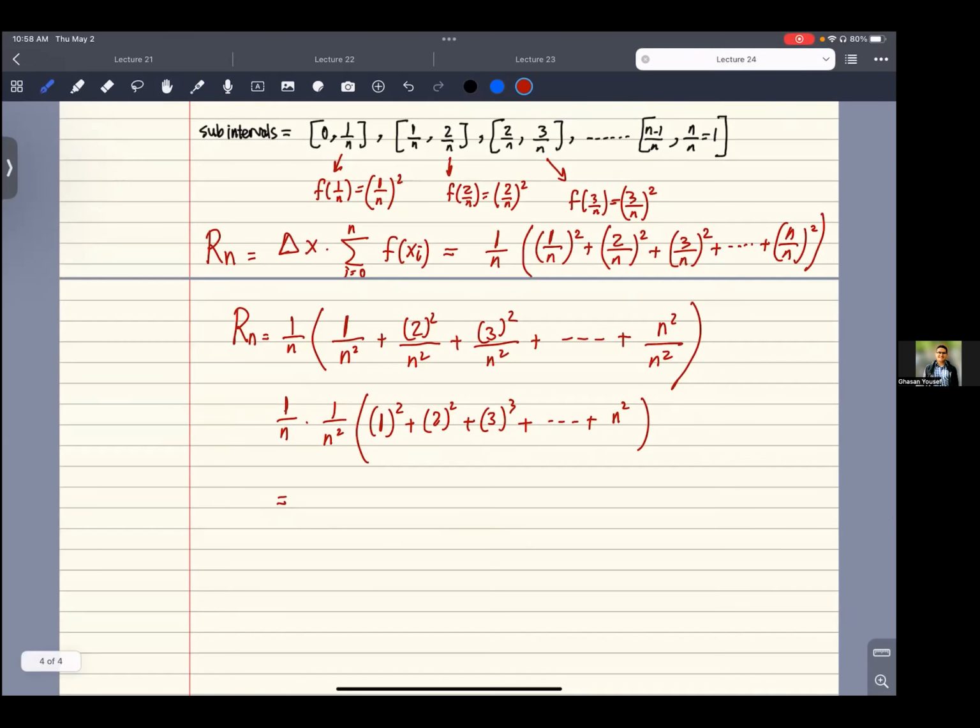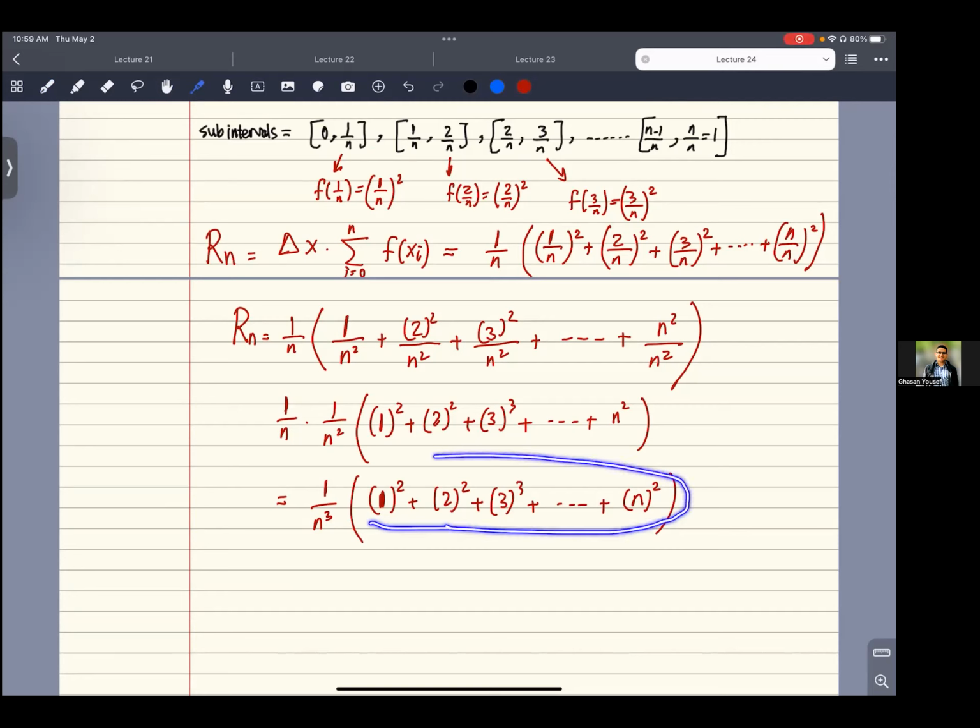If you want to simplify it, 1 over n to the power 3 times 1 square plus 2 square plus 3 square plus n square. Okay. I don't know if some of you saw the formula of something like that in sequences before, in high school or in college.